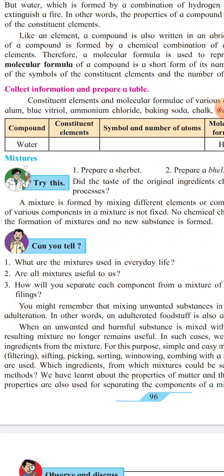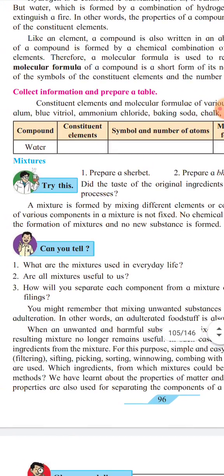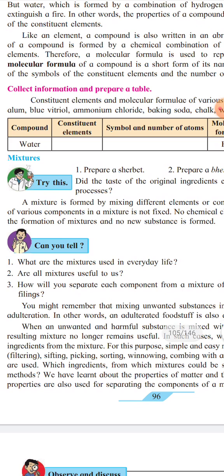In this way, these are the various types of compounds, the constituent elements present in them, their symbols, molecular formulas and characteristics. You have to prepare this table in your notebook. I will send it on the group for writing. Is that clear?